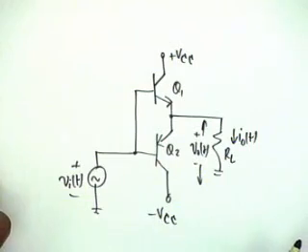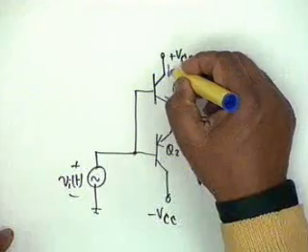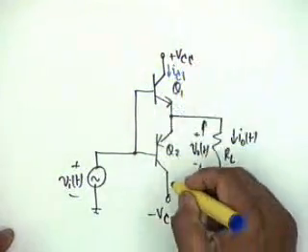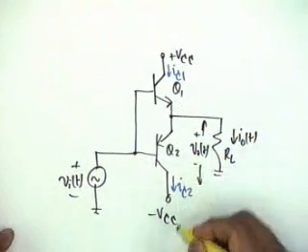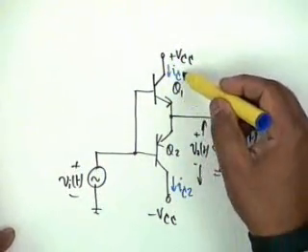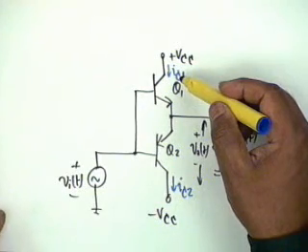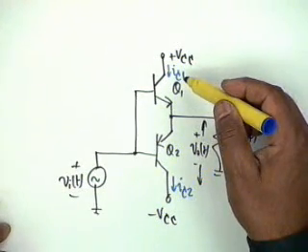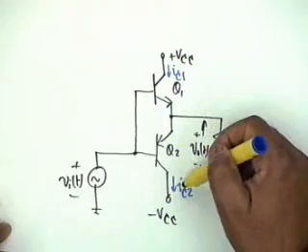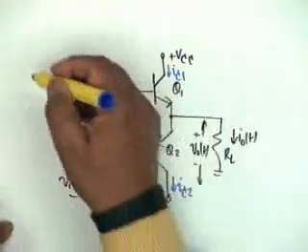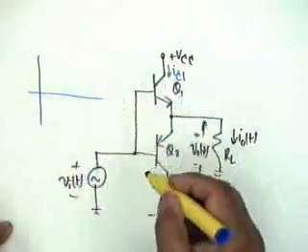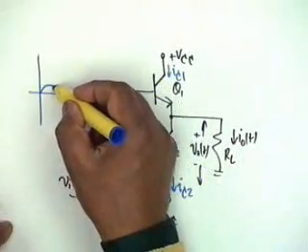Okay, now to have a picture of what goes on, let's call this IC1 and this current IC2. Then you know that IC1 will take care of the positive half of the load current and IC2 the negative half of the load current. So if I plot IC1, it would look like this.